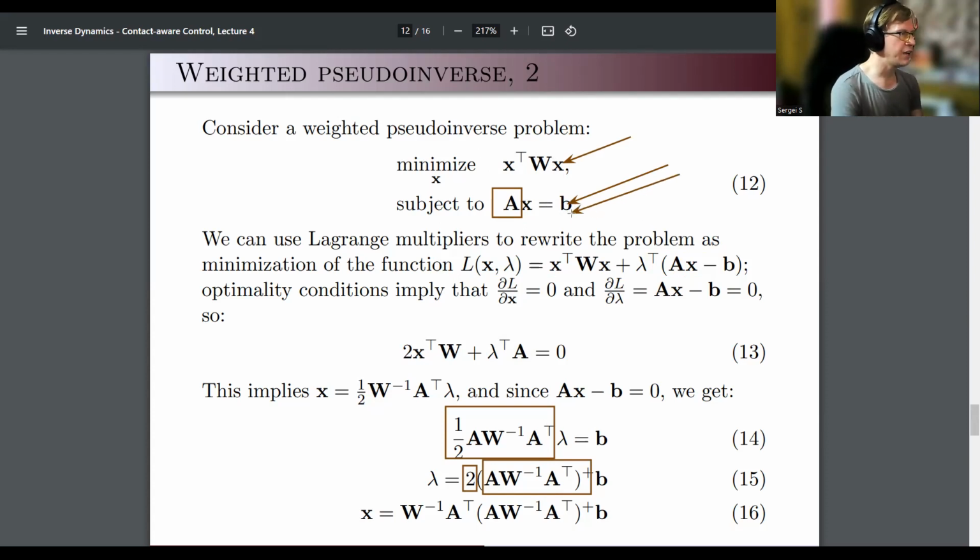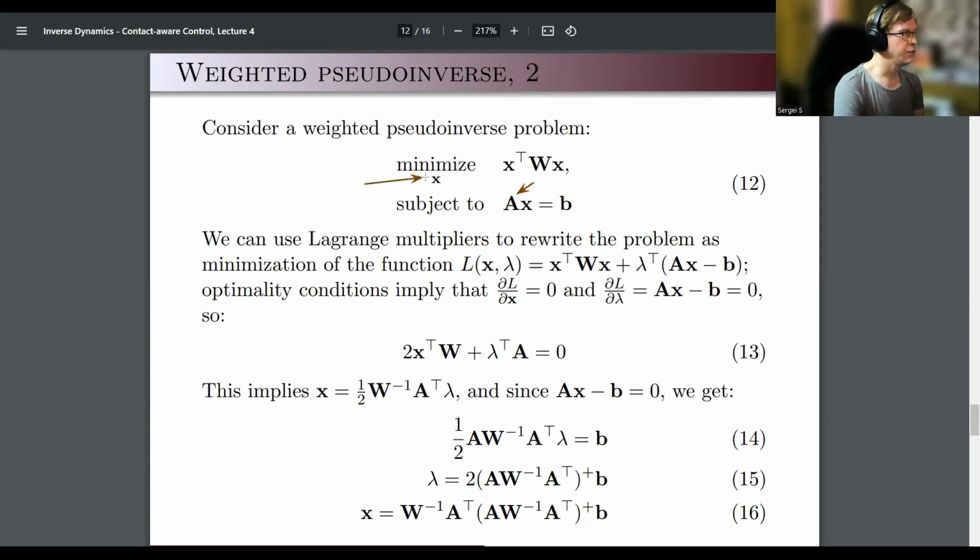If A, on the other hand, was a tall matrix, and the row rank of A would be equal to the number of elements in x, again there would be a solution, but then you would have to ask for the solution that minimizes the residual.